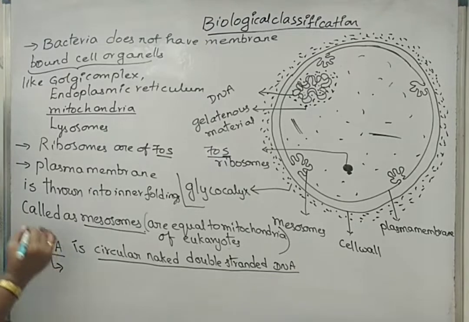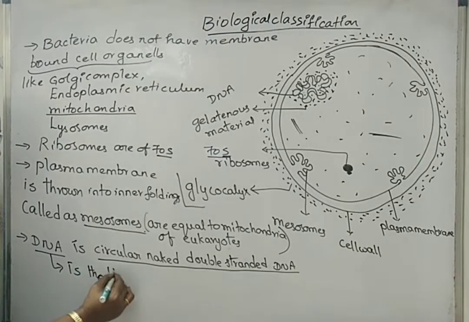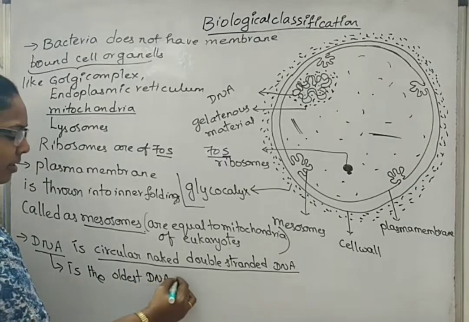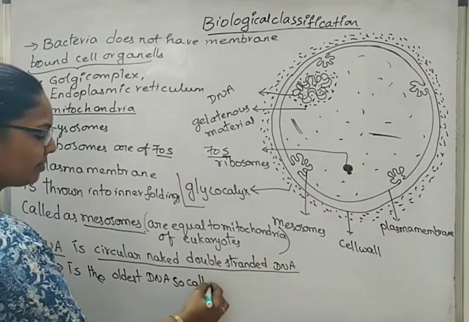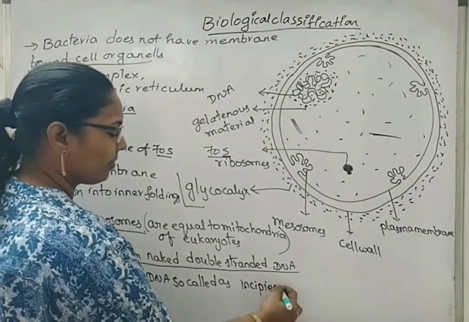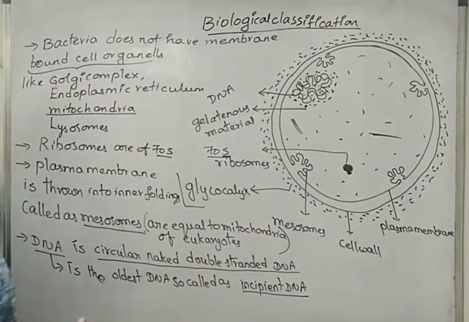Again, prokaryotic DNA is the oldest DNA, so it is called incipient DNA. The oldest DNA is termed incipient DNA.